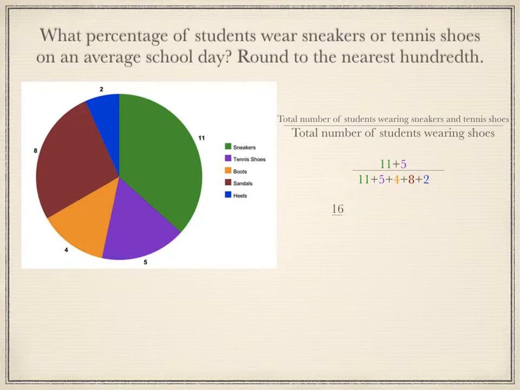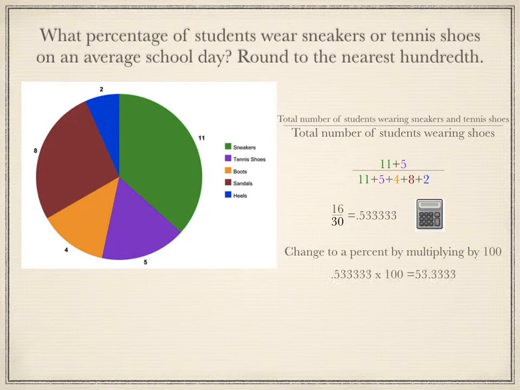So we get 16 over 30. Use our calculator, write it as a decimal. Change to a percent by multiplying by 100. Then round to the nearest hundredth, and we get 53 and 33/100%. Remember, on this one we don't round up because 3 is less than 5.